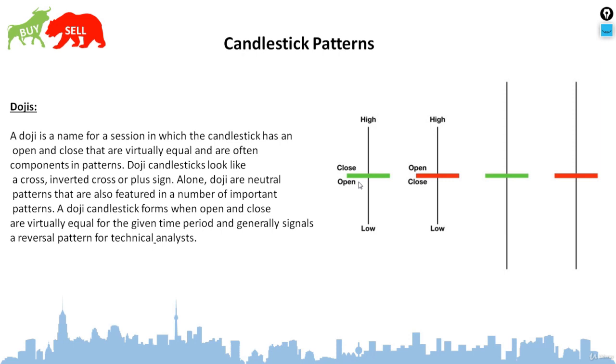It can have a small body, and we will consider it as a doji. And the color of the body is not important, whether it's blue or red. In this kind of candlestick, we just see the high and low. In forex trading, we call this a tail. Well, we see the tail and the body.